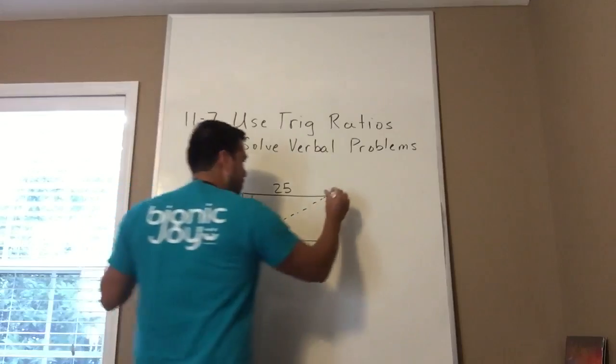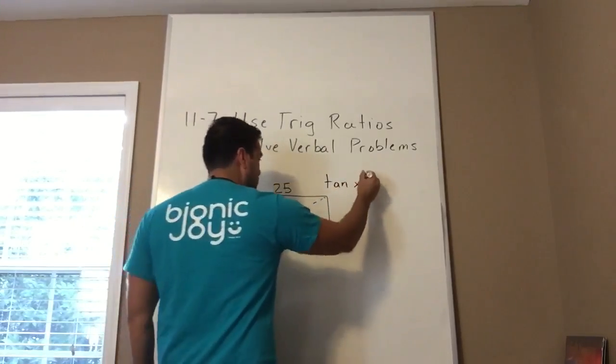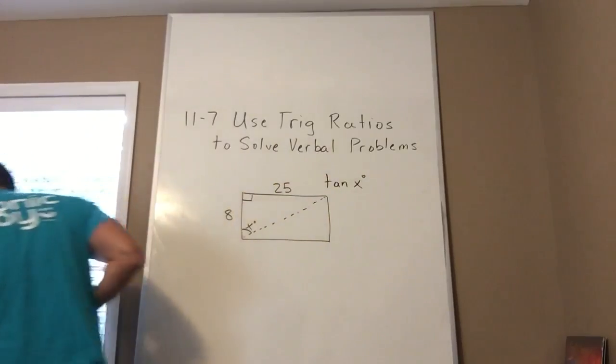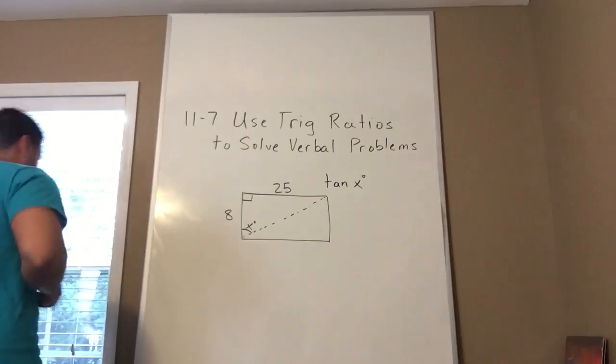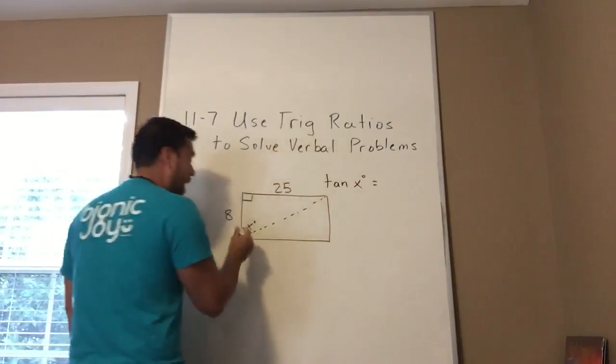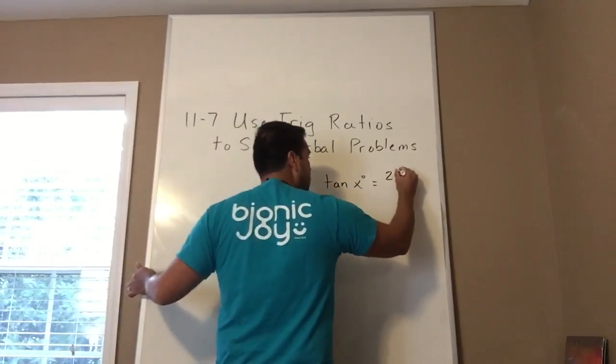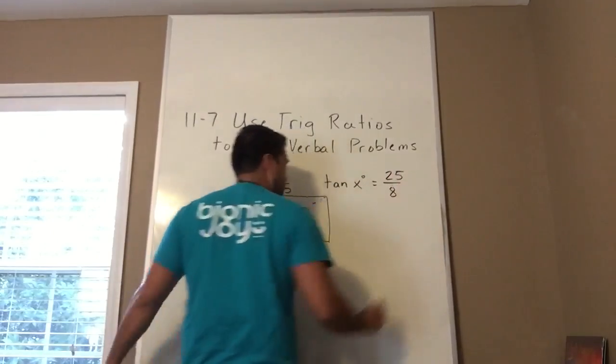Here's what I have. Tangent of X, right? I don't know what X is. But I do have opposite over adjacent. I have 25 over 8.